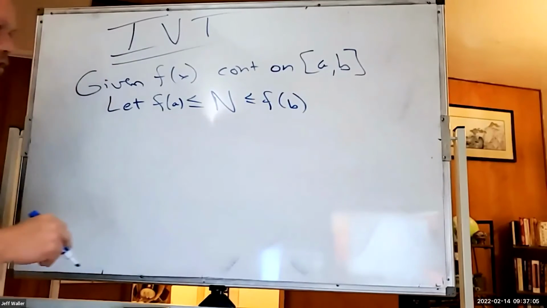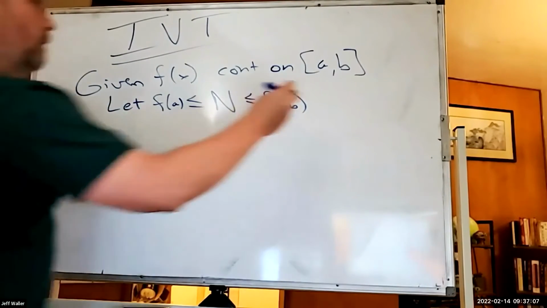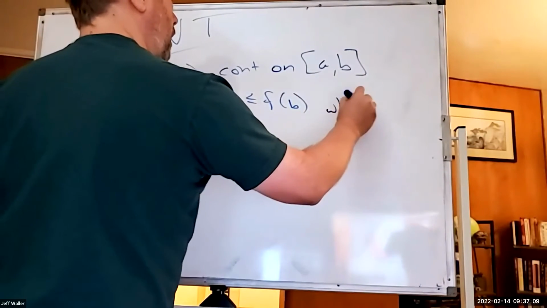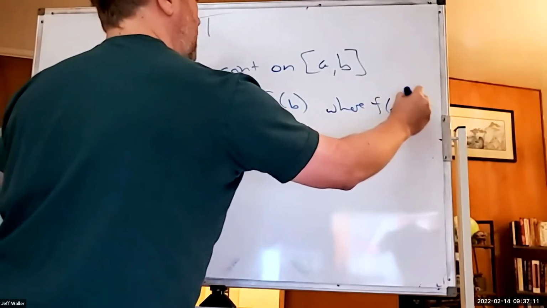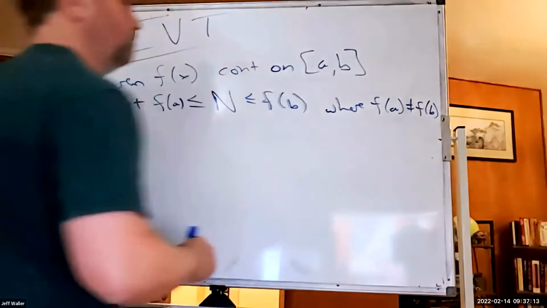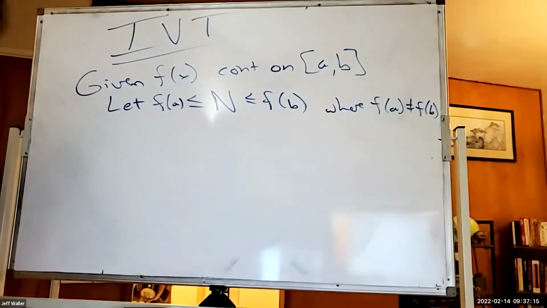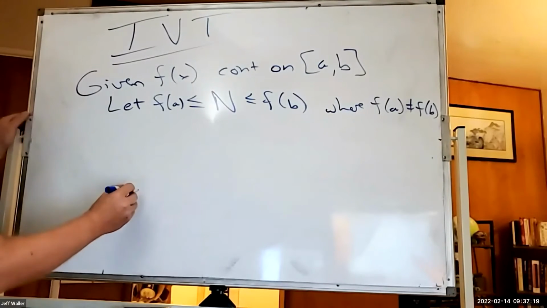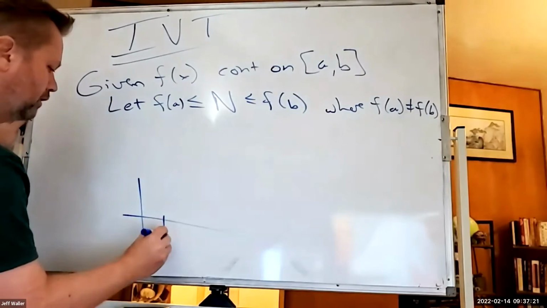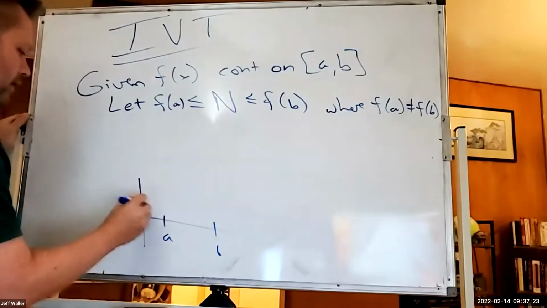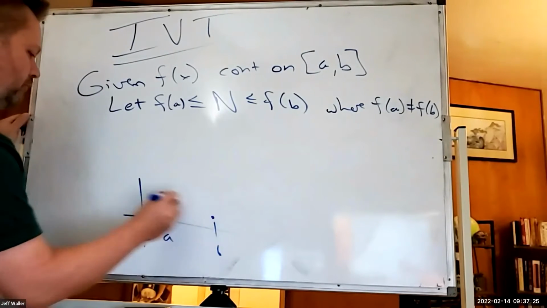I'm going to give us a visual in a minute, where f of a does not equal f of b. So I have some function that's continuous from a to b. It's got an f of a and it's got an f of b.